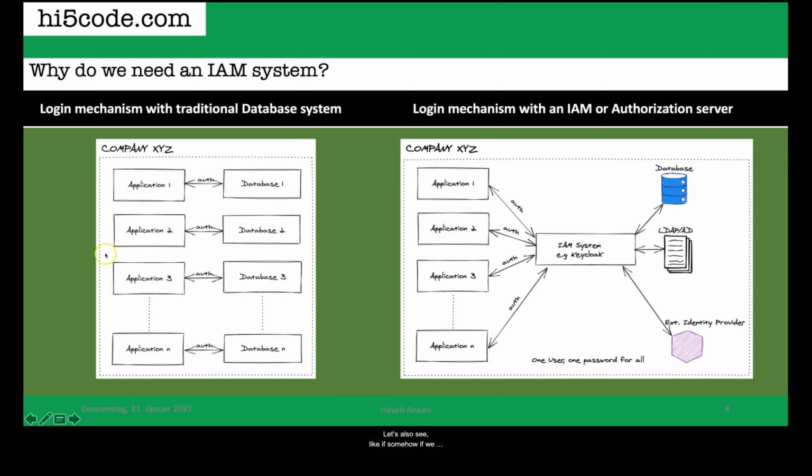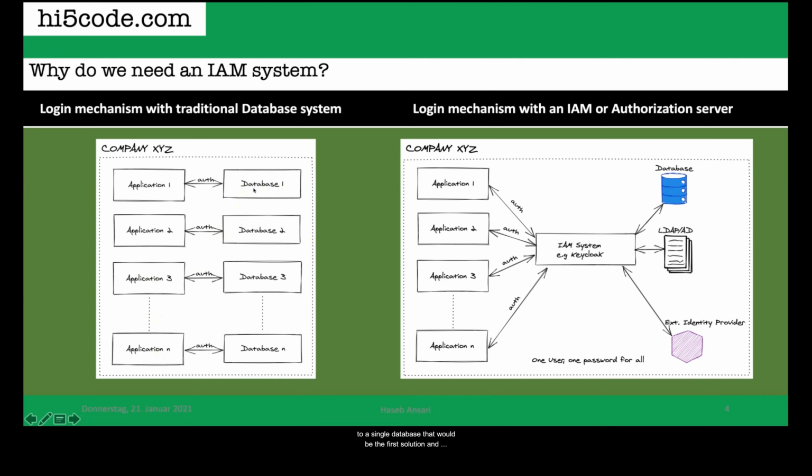Let us also see if we restructure this architecture, will it solve the problem, by not using the IAM system and still going with the database and application integration. Upfront, I can think of two possibilities to illustrate the problem and come to a solution. The first solution would be to integrate all the applications up to N into a single database.